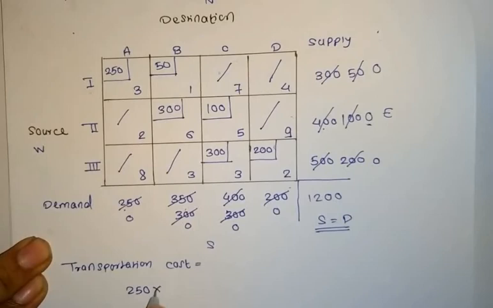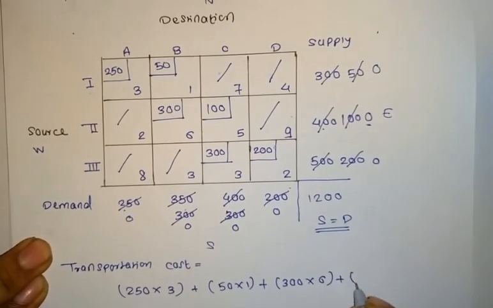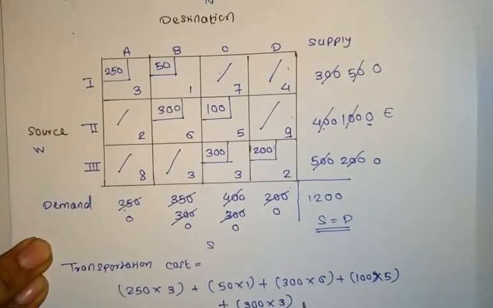Here the transportation cost is 250 into 3 plus 50 into 1 plus 300 into 6 plus 100 into 5 plus 300 into 3 plus 200 into 2.